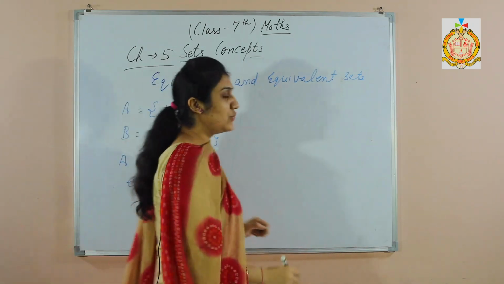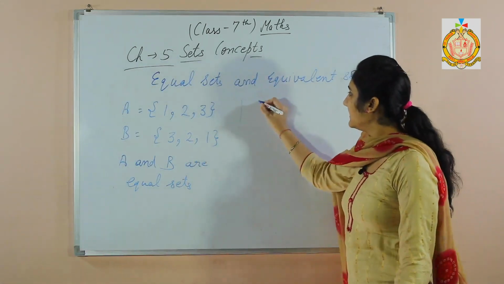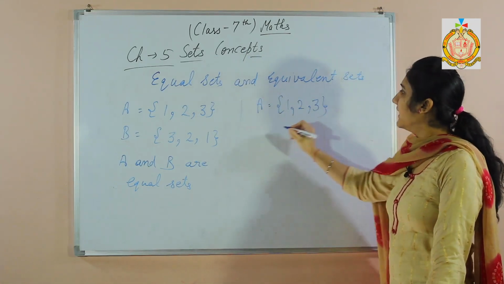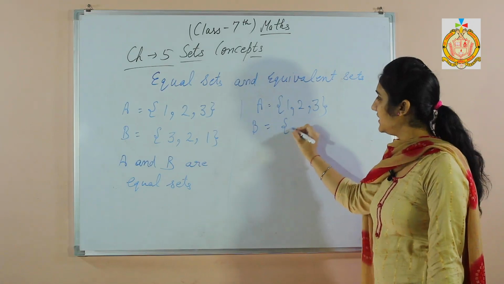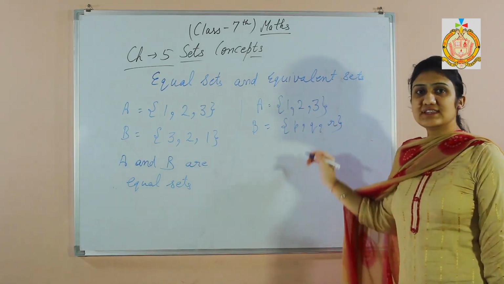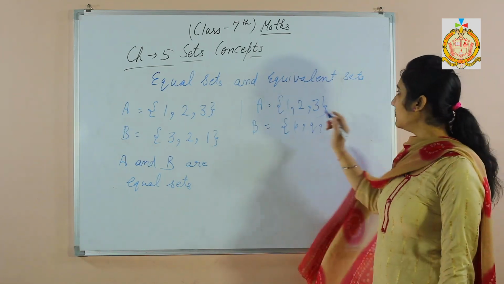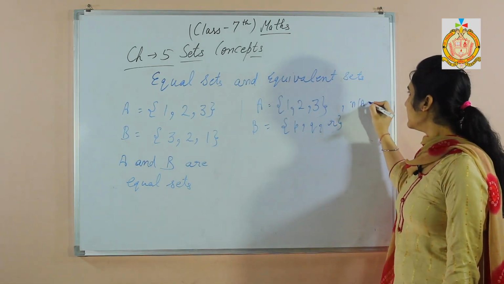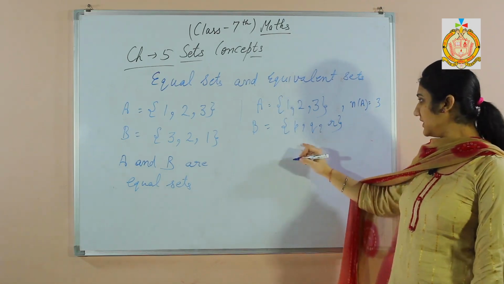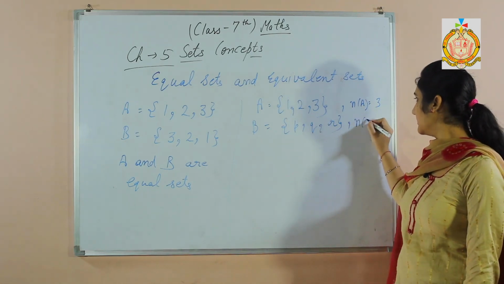And in case of equivalent sets, if set A is {1, 2, 3} and set B is {P, Q, R}, they have the same cardinal number. The cardinal number of A is 3 because it has 3 elements, and the cardinal number of B is 3.